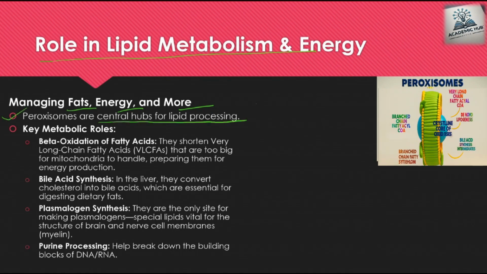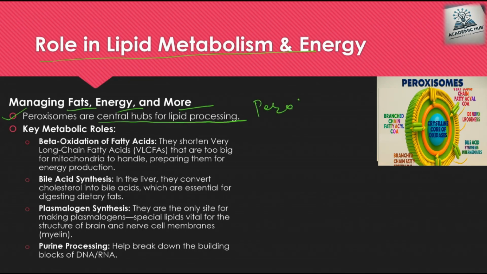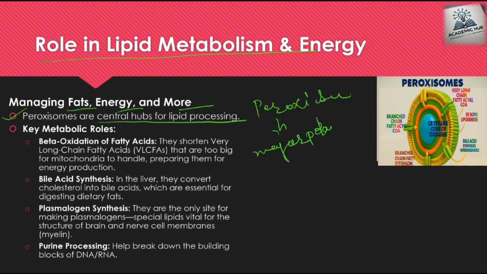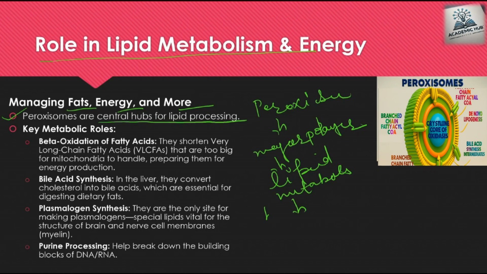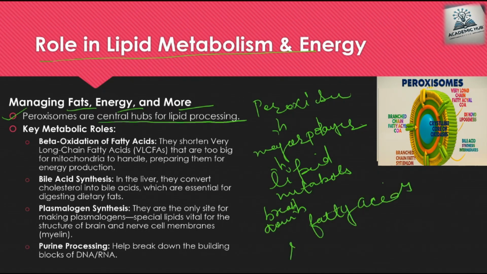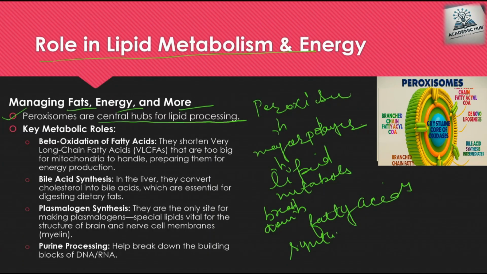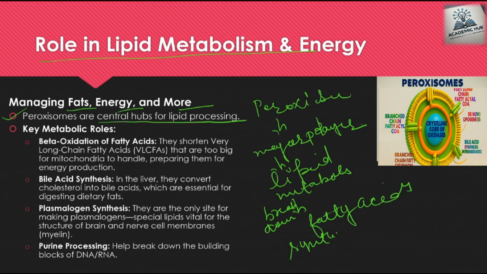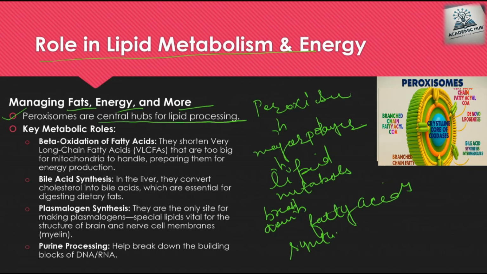In addition to their detoxification duties, peroxisomes are major players in lipid metabolism. Their functions, which include breaking down fatty acids, synthesis of bile acids and regulation of cholesterol, are essential for sustaining cellular energy levels and preserving membrane structure.